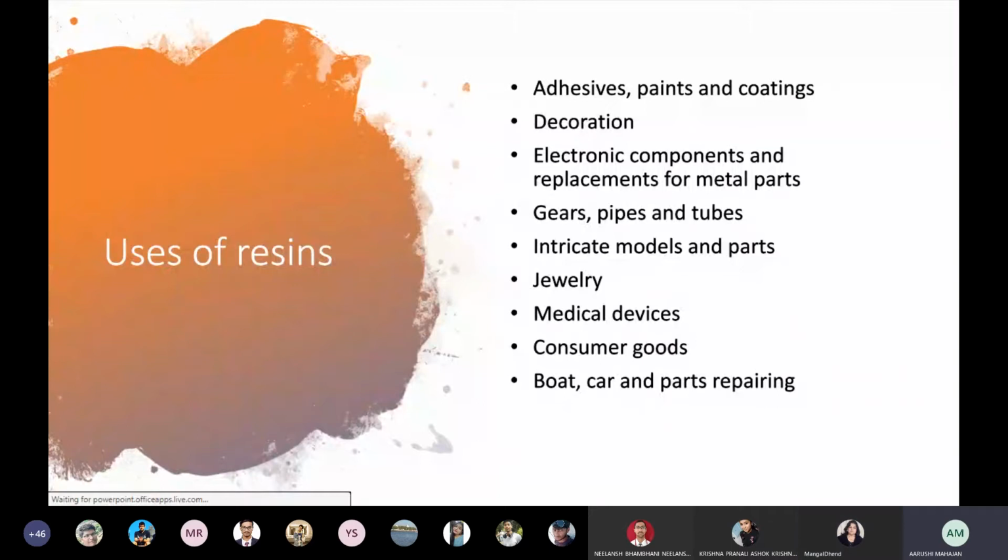They're used in jewelry as well, and medical devices, and consumer goods, boards, cars and ABS, because it's very important for the braking system to work properly. Hence, resin holds the braking part and the command which is given. I can't explain it properly.